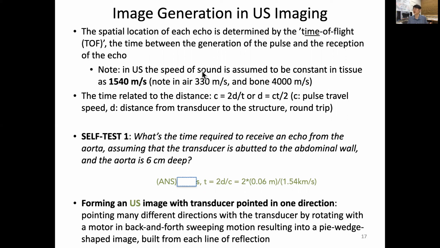The speed of sound is usually assumed in tissue to be about 1.5 kilometers per second. Remember, sound waves propagate in air at about 330 meters per second. And in fact, in water it's almost 4 or 5 times faster.